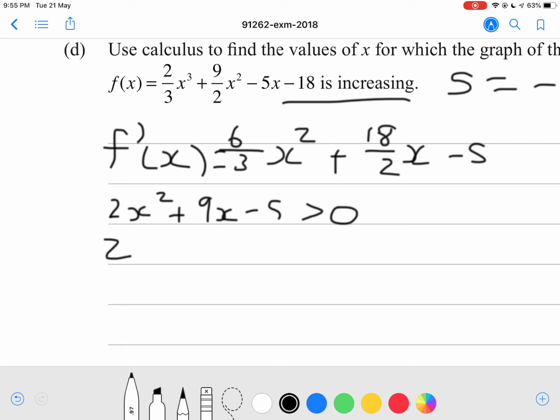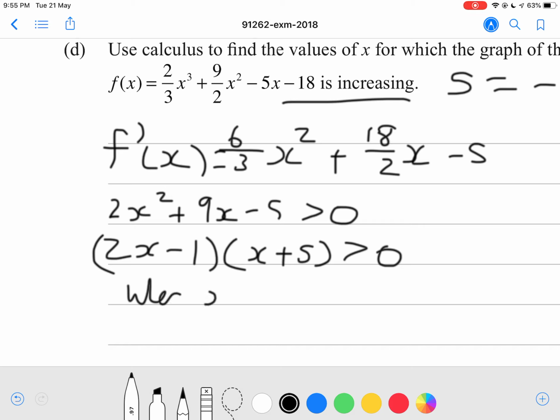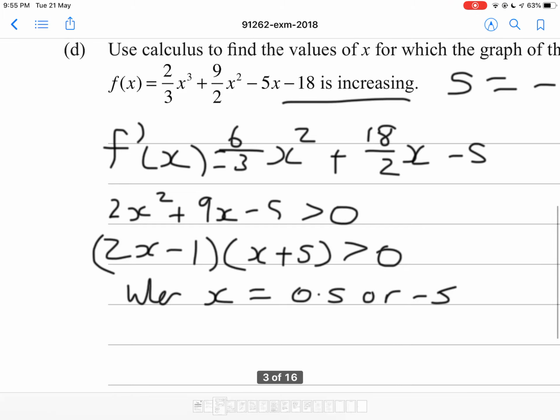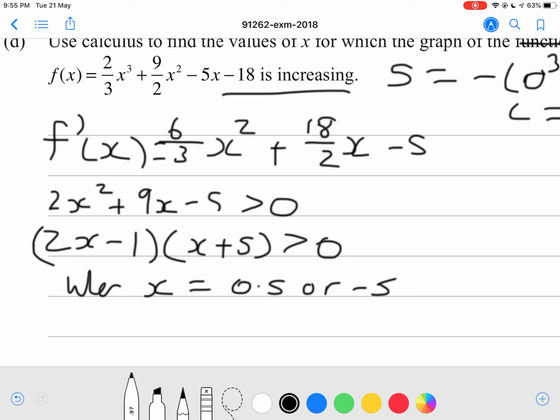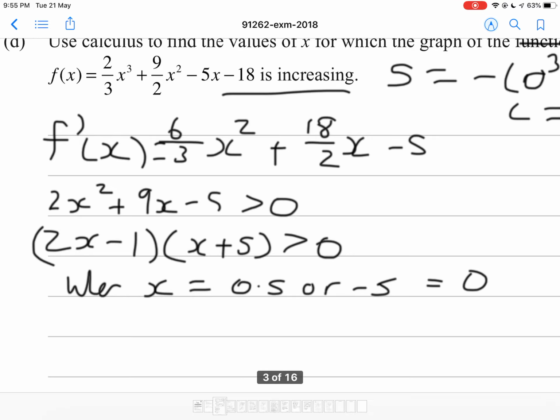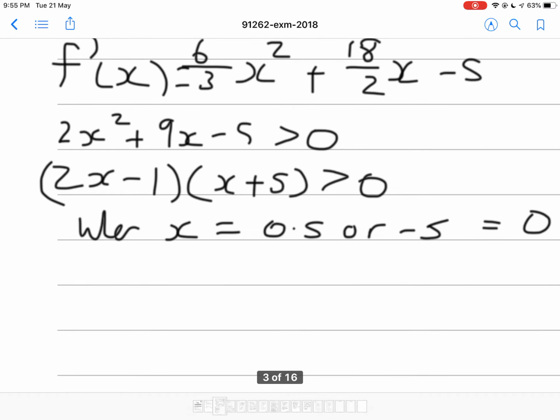We can now say that 2x minus 1 and then x plus 5 is greater than 0, okay? So you can say when x equals 0.5 or negative 5, then the expression equals 0, okay? But we want it for when it's more than 0, okay?